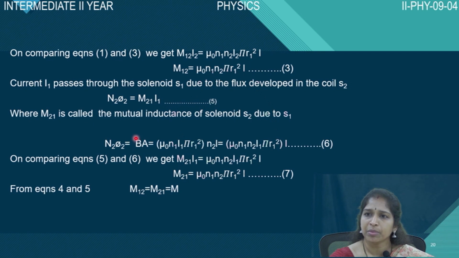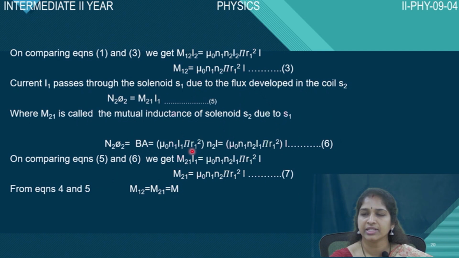Now, from the magnetic field induction, we will see what the flux is. The flux linked in the second solenoid is N2 phi 2 equals the same expression, because flux is magnetic field induction into area. That is what we have taken. B is the magnetic field induction due to a solenoid, that is mu naught n i. But here the current is passing through the first solenoid, that is why the magnetic field induction due to that solenoid is mu naught N1 I1.